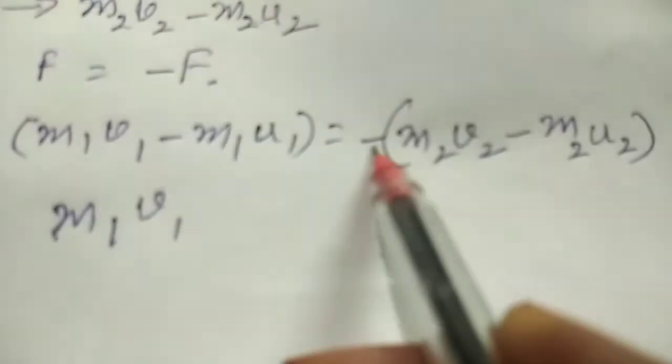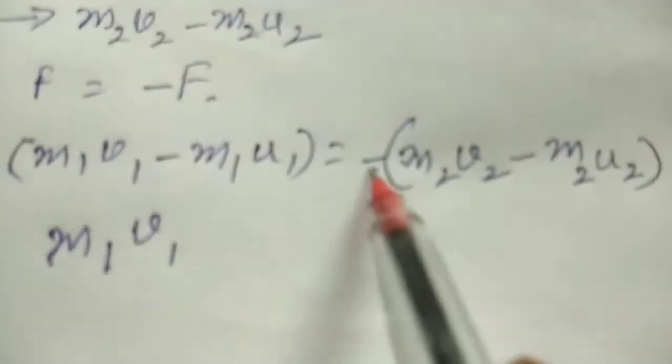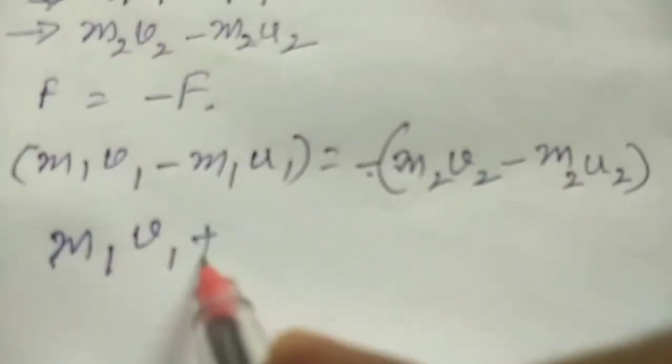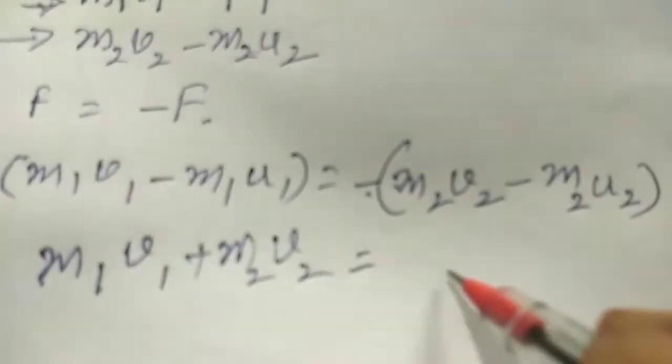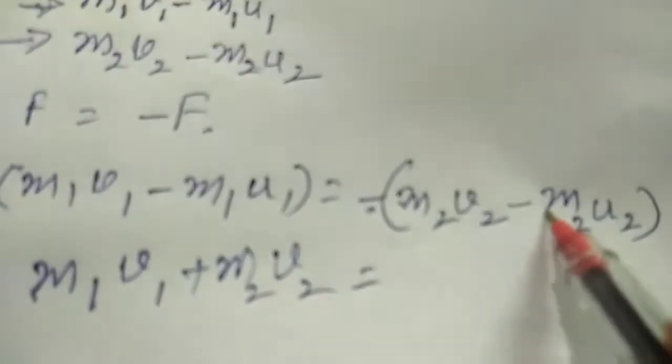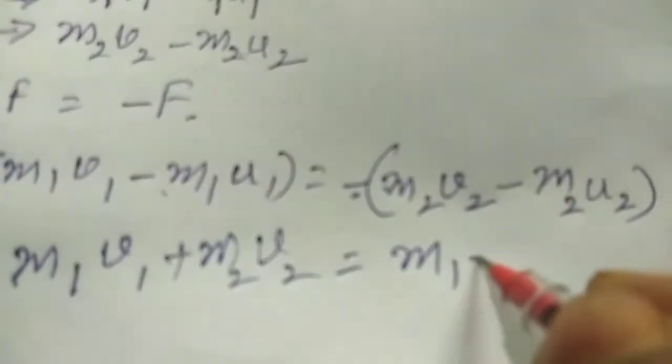This minus into plus is minus. So coming this side it becomes plus. m2 p2 is equal to minus into minus plus. This minus coming this side is becoming plus. m1 u1 plus m2 u2.